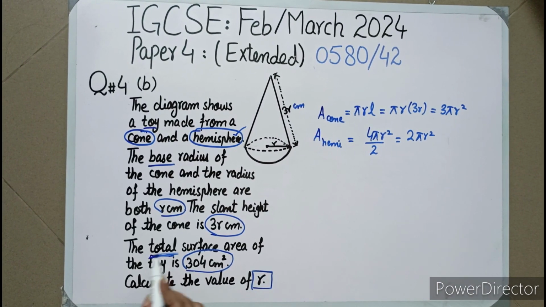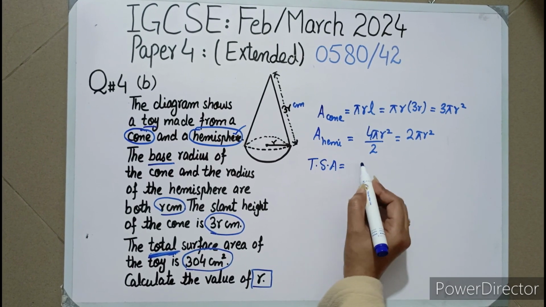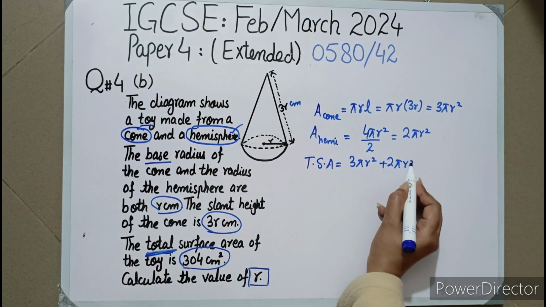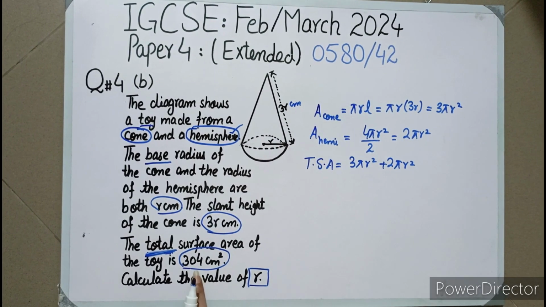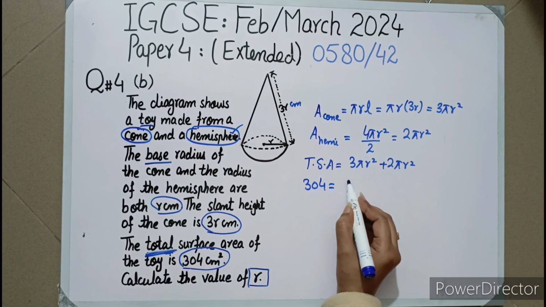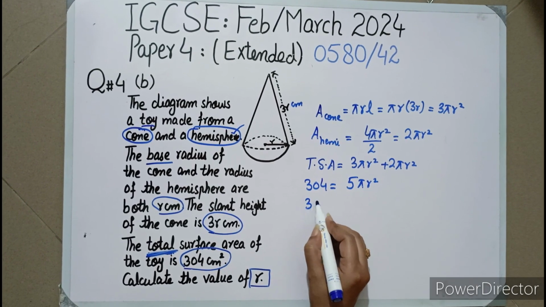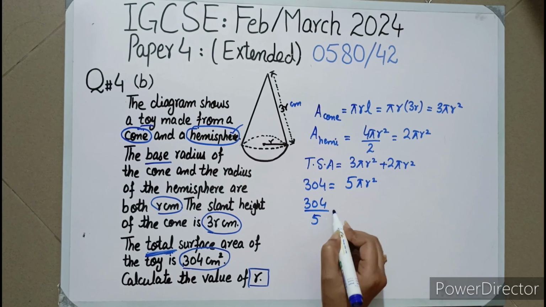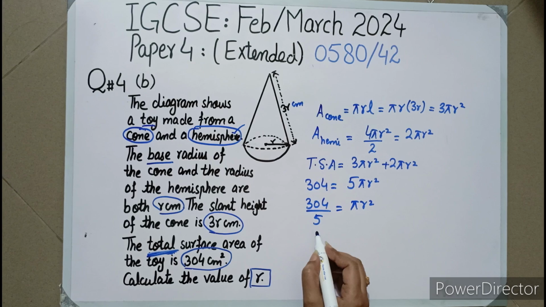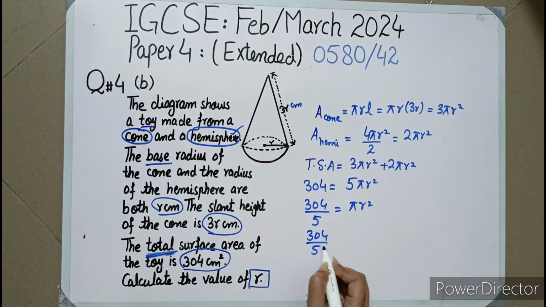In order to get the total surface area, I have to add these two answers: 3 pi r square plus 2 pi r square. The value for the total surface area is given by the examiner as 304. 2 plus 3 will be 5 pi r square. So 304 equals 5 pi r square, and we also have to divide by pi over here.